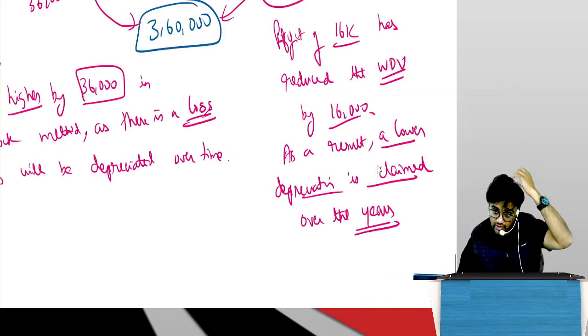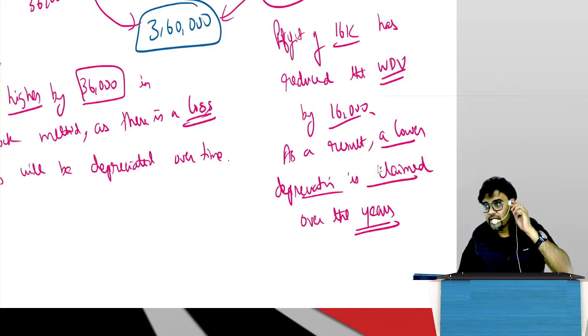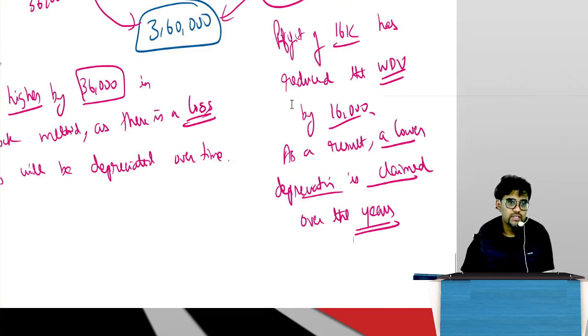Got it? So, profit of 16,000 has reduced the WDV by 16,000. As a result, a lower depreciation is claimed over the years.